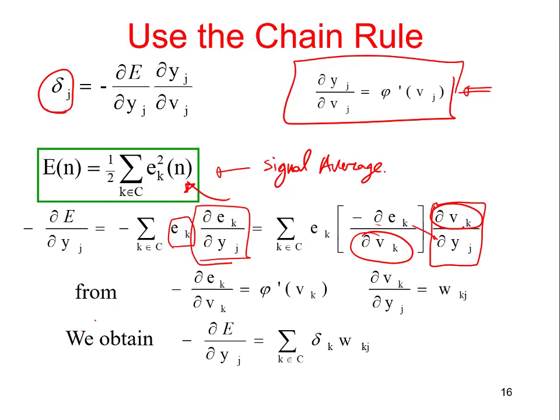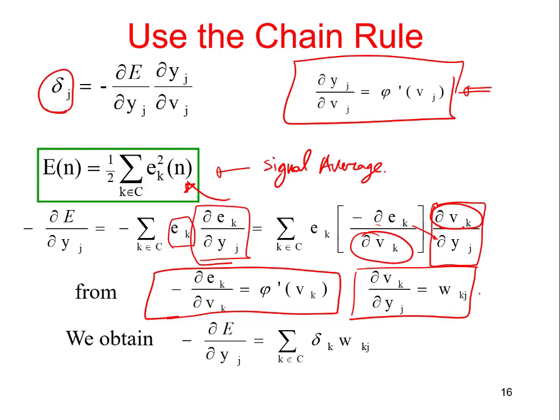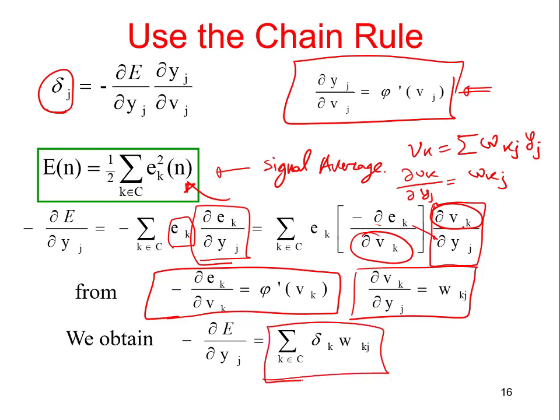From there this portion can be called the activation function, and this portion can be computed as w of kj, because vk is a function of wkj and yj. So that's why delta of vk over delta of yj is denoted as w of kj. So from there we can obtain that delta k is equal to w of k. Okay, so from here it suffices.